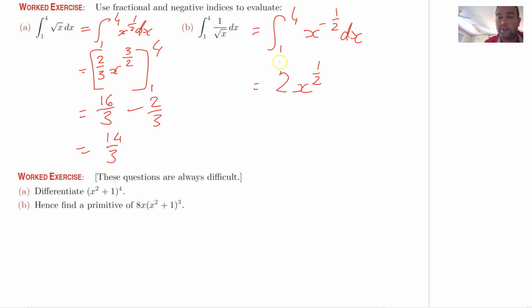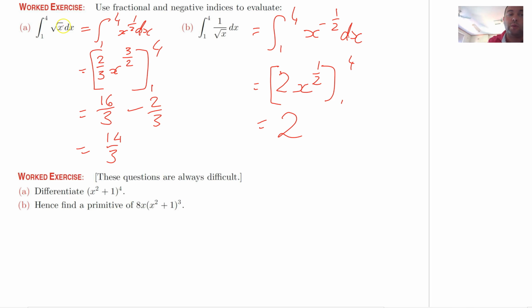So 2x to the half, from 1 to 4, no constant on the end because this is definite. Now 4 to the half is 2, and 2 times 2 is 4, minus 2 equals 2. There's my answer. That's a neat one.